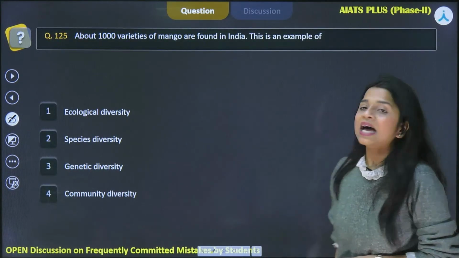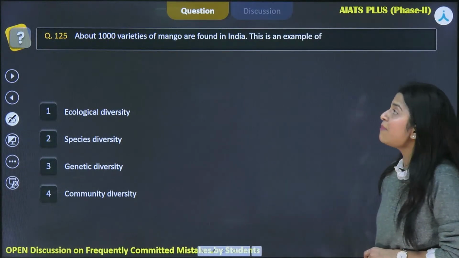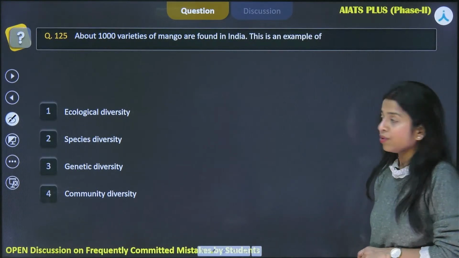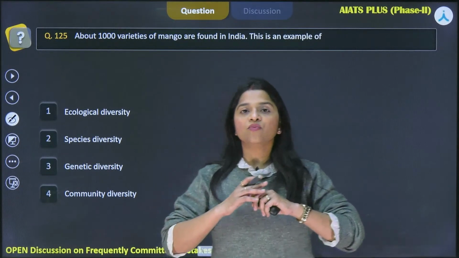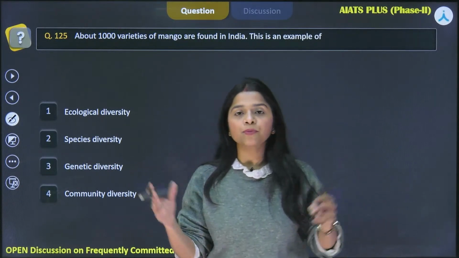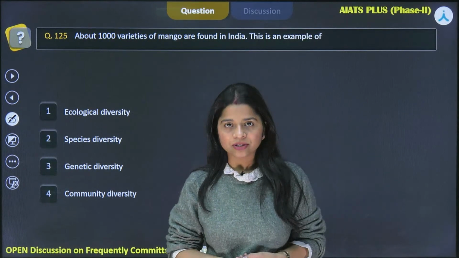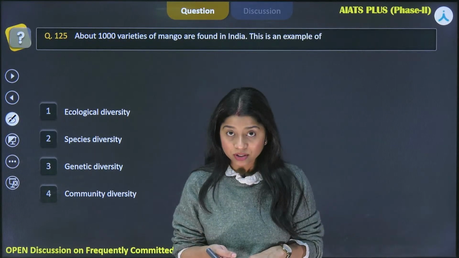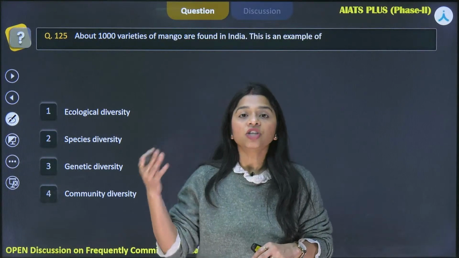Alright, now the last question that we have is about 1,000 varieties of mango found in India. This is an example of, okay, so 1,000 varieties of mango are there. See, while we are bifurcating biological diversity, it can be species diversity, it can be ecological diversity, also called community diversity, or it can be the genetic diversity.